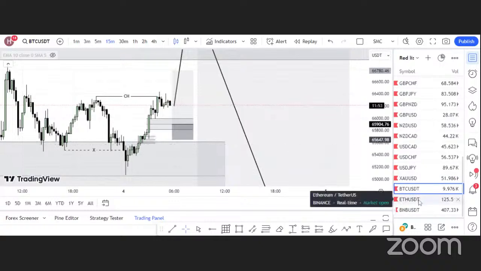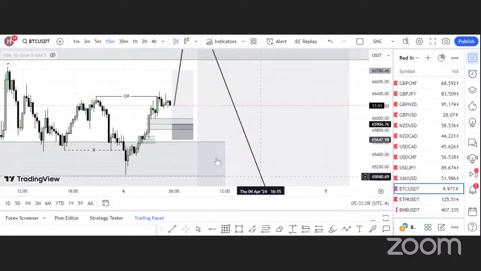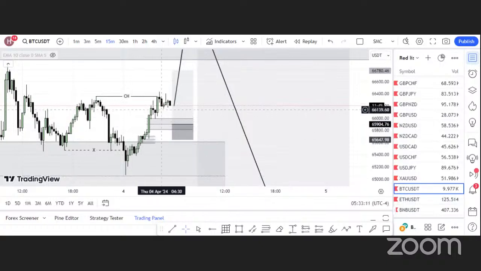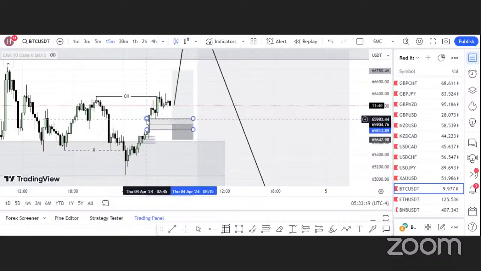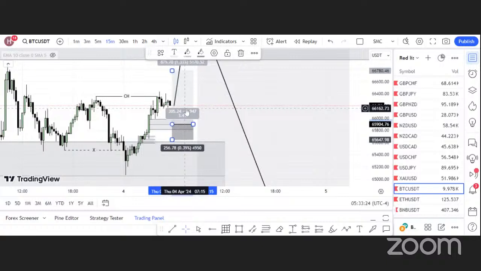So that's the analysis for BTC USDT. When the market comes down to this level, I want to see a price rejection, a candlestick rejection. Any candlestick pattern will do actually, not just the candlestick rejection.